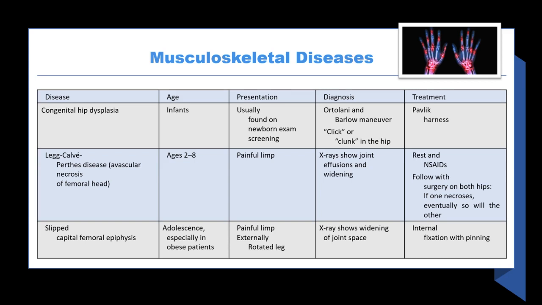It presents with a painful limp, and the leg is externally rotated. X-ray shows widening of the joint space, and the treatment is internal fixation with pinning. Let's go to the next slide.